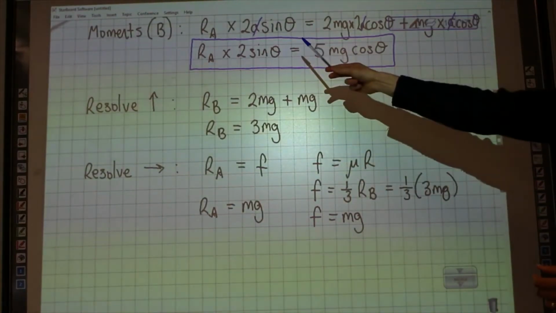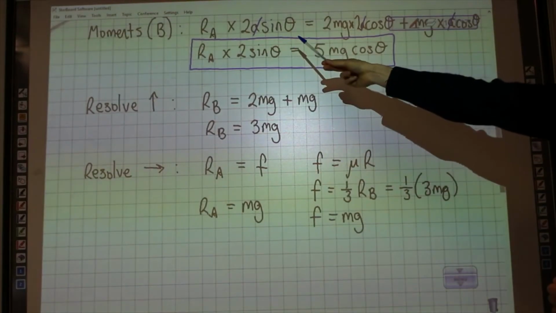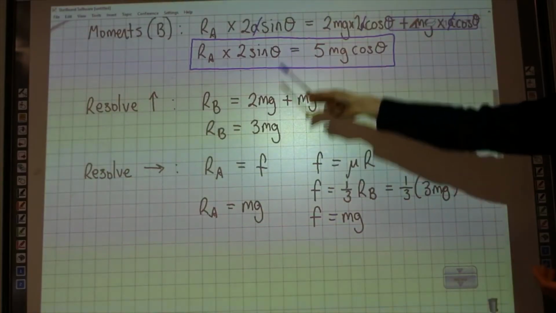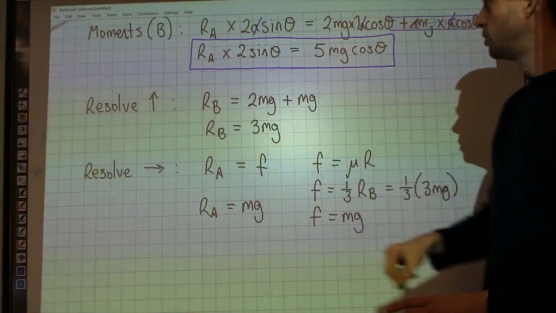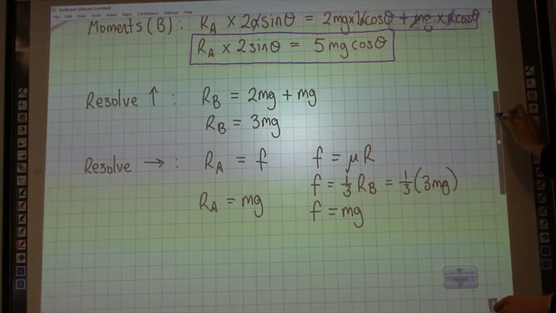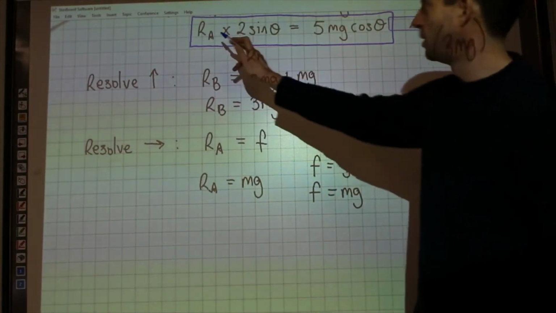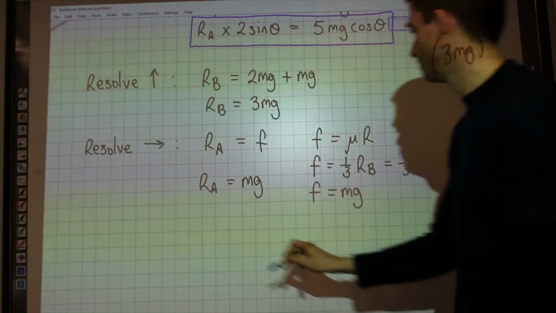Now if I refer back to this equation here that I boxed that I said would be useful later, I now know that the reaction at A is mg. So what I'm going to do with this moments equation is I'm going to replace the reaction at A with mg.